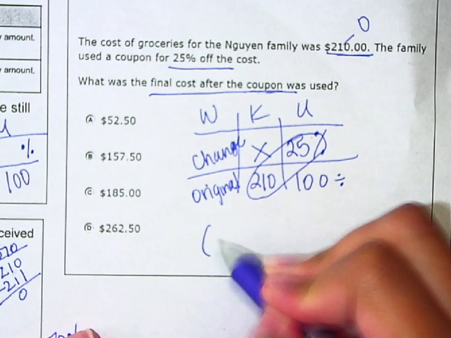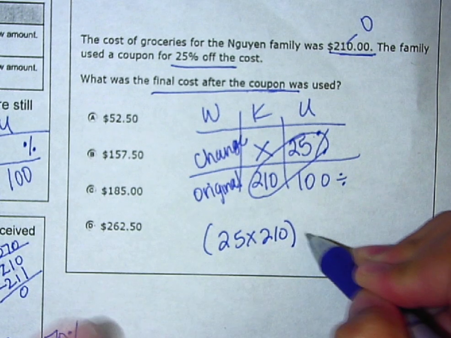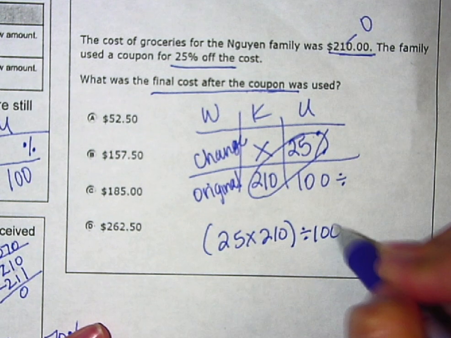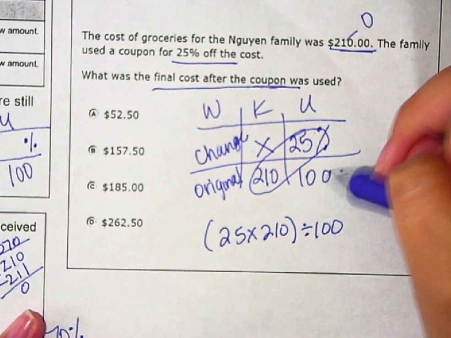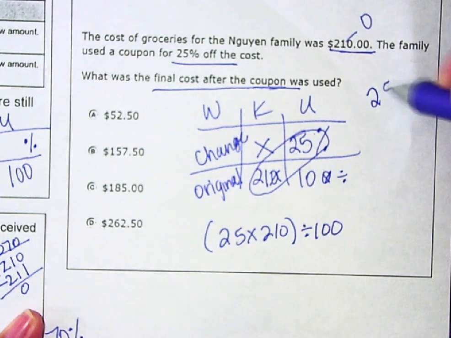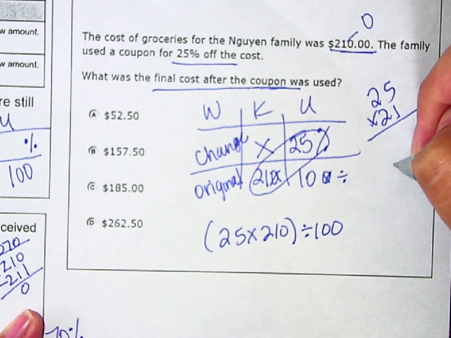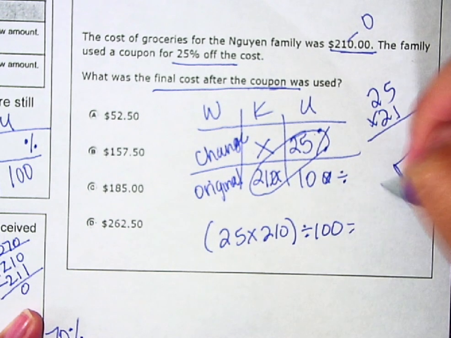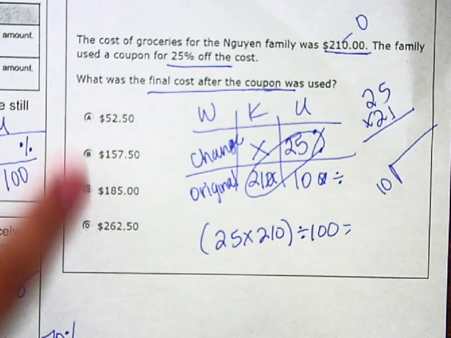So calculator students, 25 times 210 divided by 100. My non-calculator students, you're gonna have to do it by hand. Remember, you can do a 0 trick, so 25 times 21, and then divide that by 10, whatever you get. Okay, it's gonna be one of these answers here.